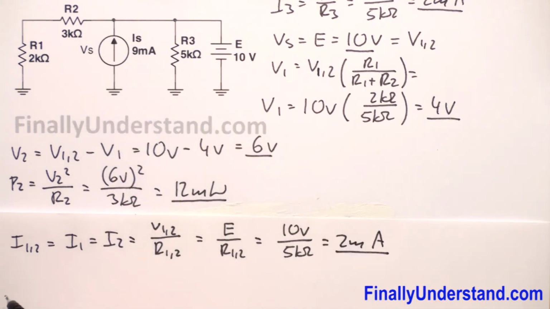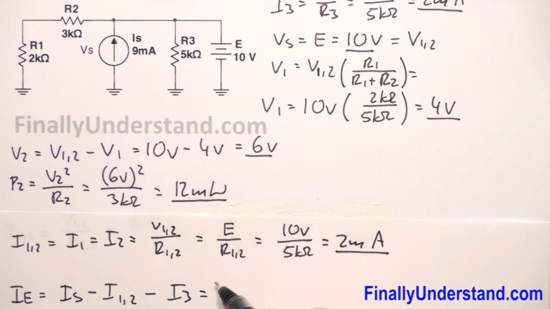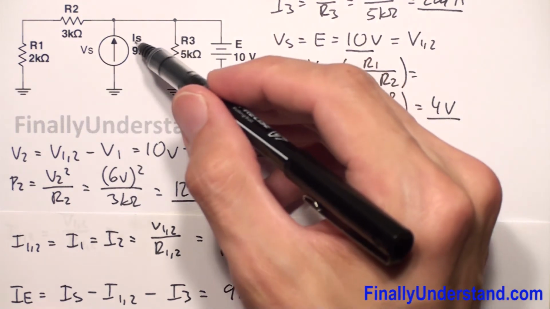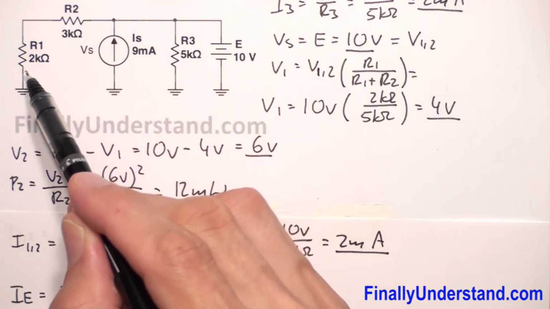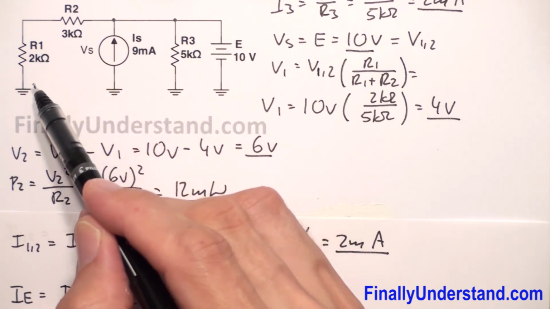So next, in order to find IE, you're supposed to realize that my IE is going to be equal my I source minus I12 and minus I3. So I source is equal 9 milliamps, my IS, minus the current which goes through these two resistors.